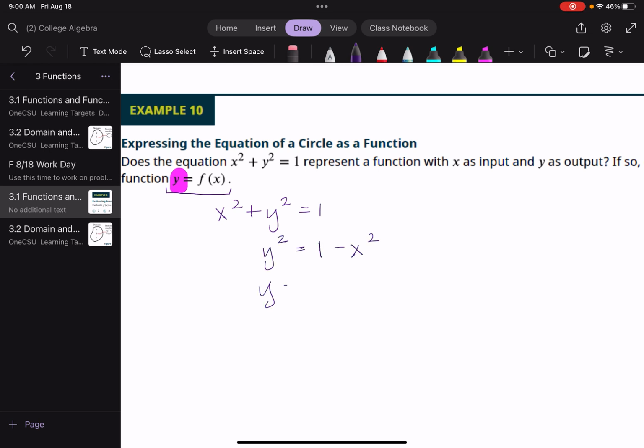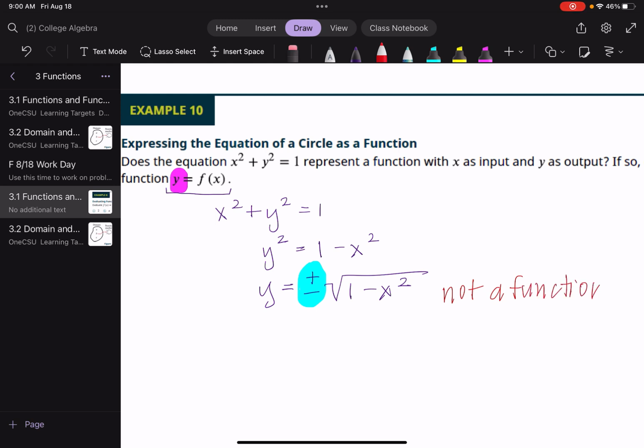And we're going to isolate y by taking the square root of everything on the right-hand side. Notice this has broken into two different things. And so that essentially means when you see that for one input, you're going to get two different outputs, right? And so that violates the rules for a function.